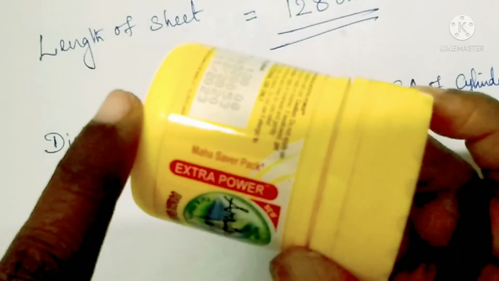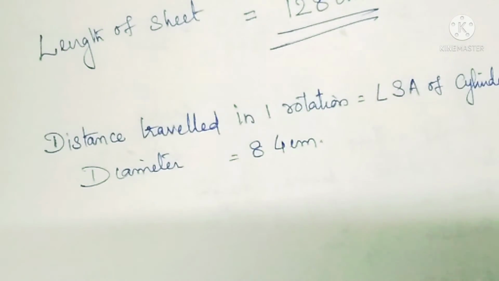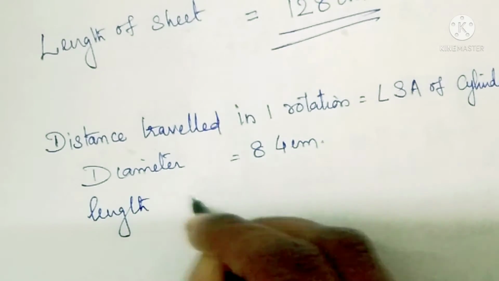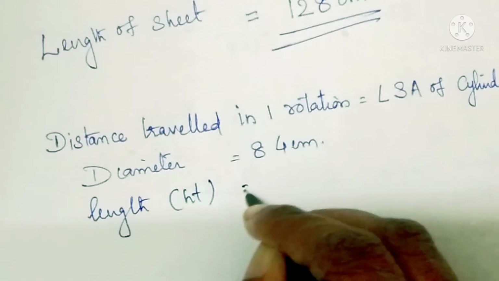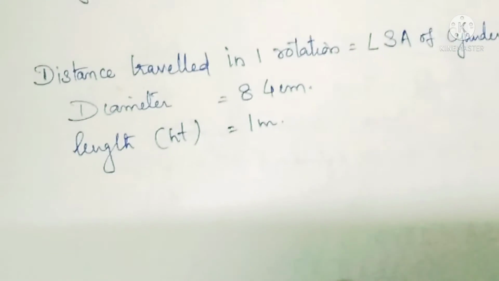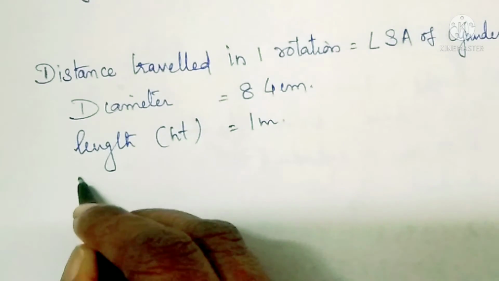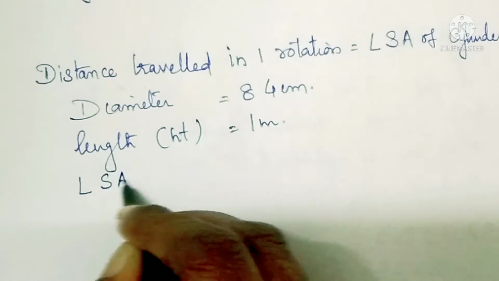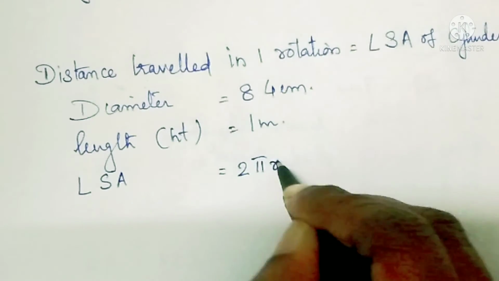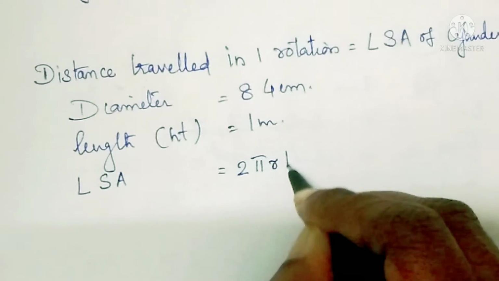And the length means this distance. Here the length is 1 meter. So for the cylinder it will be height. Length or height is equal to 1 meter. Now to find the lateral surface area. LSA is equal to, what is LSA? 2 pi r h.